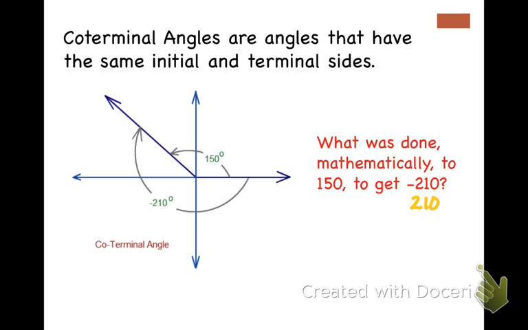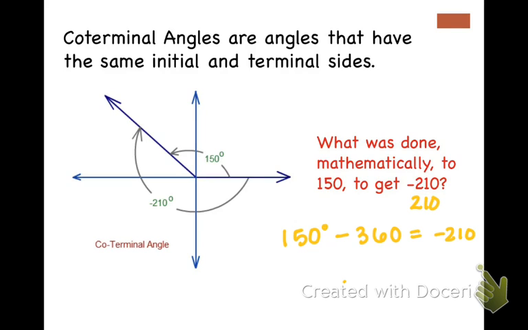So what happens with that 150 and that 210? Together, they have to add to 360. Or if you took that 150 degrees and you subtracted 360, you would get the negative 210.